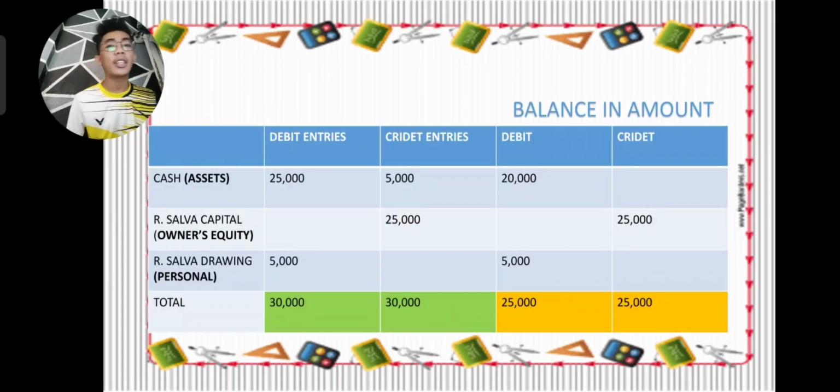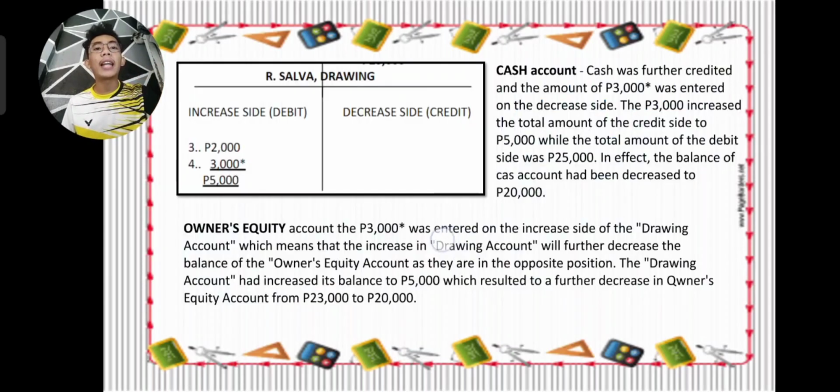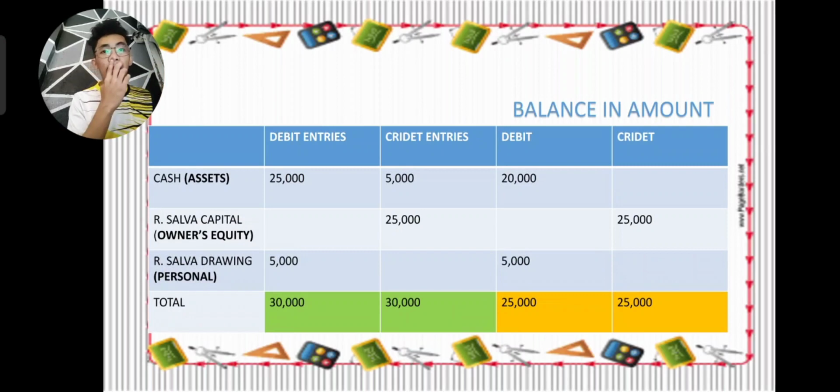Mao ni na ang balance sheet ron. So, sa cash asset, mao ning debit increase and credit increase. So, sa debit increase, we have 25,000 which is the total asset. Og at the same time, dara Arsalva Capital, makita ninyo na Arsalva Capital owners equity 25,000 which is mao na ang total nga gi-put or gi-invest ni Arsalva dito.